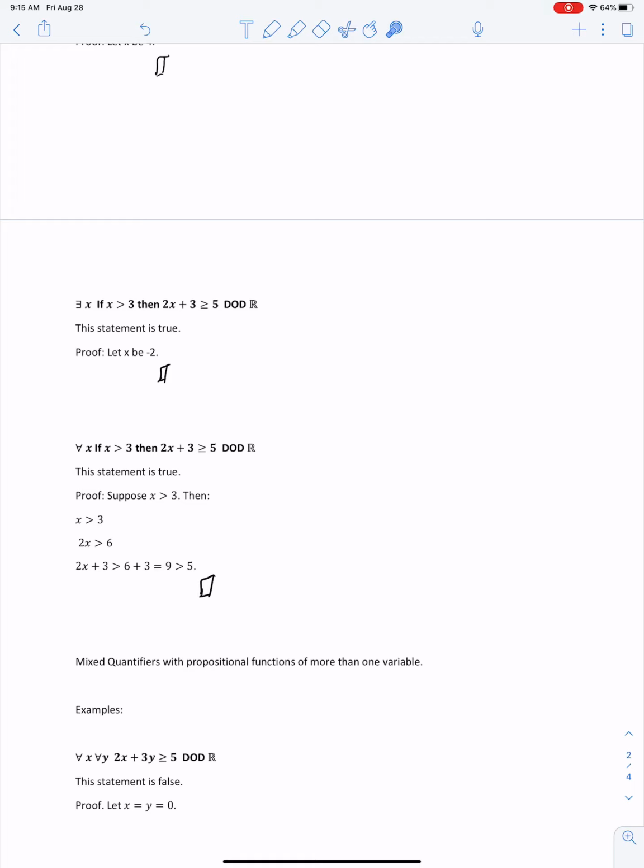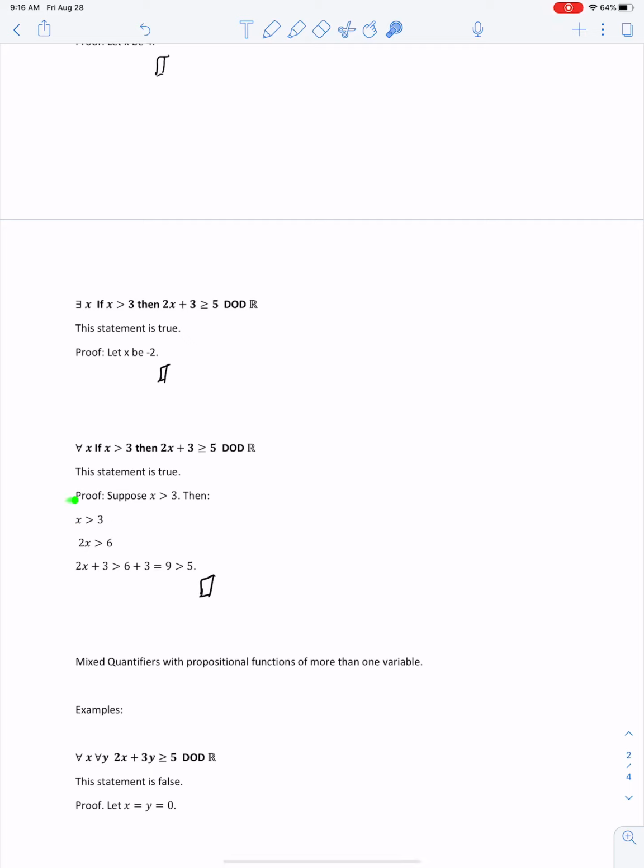All right, so I suppose the hypothesis is true, namely x is greater than 3. By the way, if the hypothesis is false, we saw above that the conditional is automatically true, so I don't have a problem with that. So I start with x is greater than 3. I need to end up with 2x plus 3 is greater than or equal to 5. How do I do that? The answer is I do it using algebra.